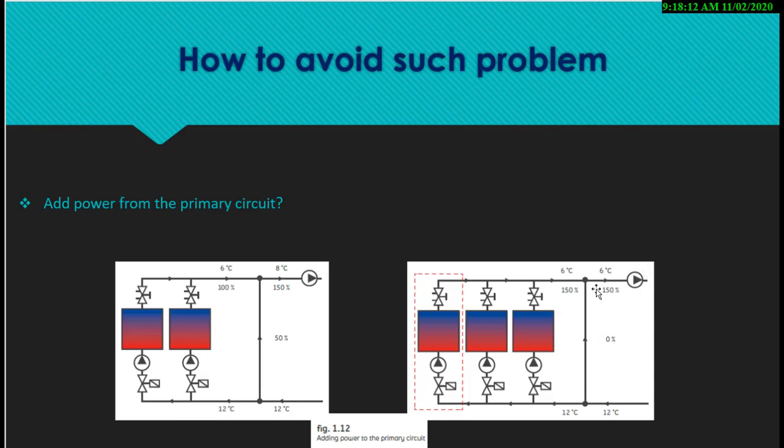So we have 150 excessive flow here because we added 150 and we deliver 150 here. Instead of 100 only, we added another 50, so the result will be overflow.